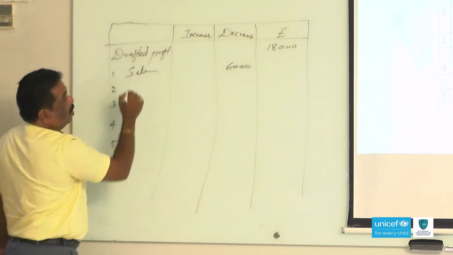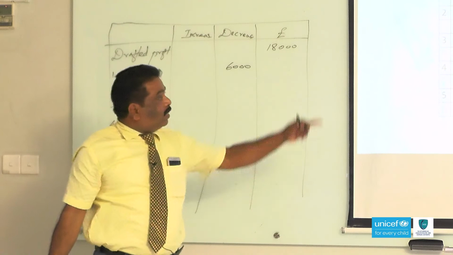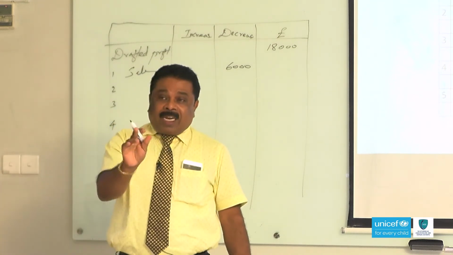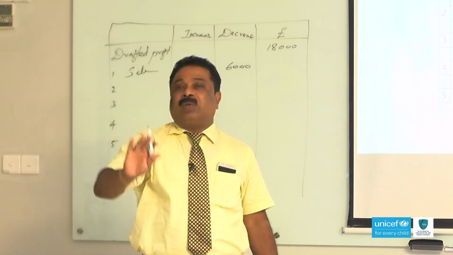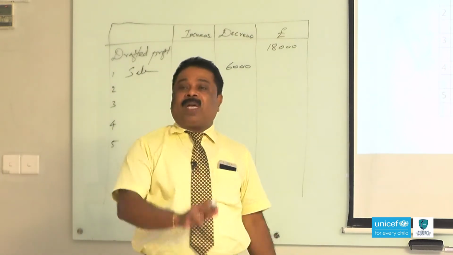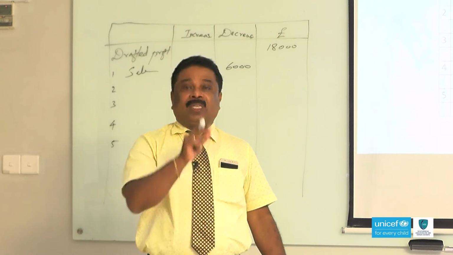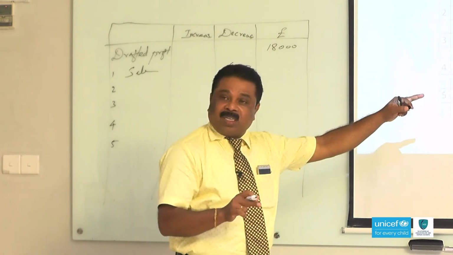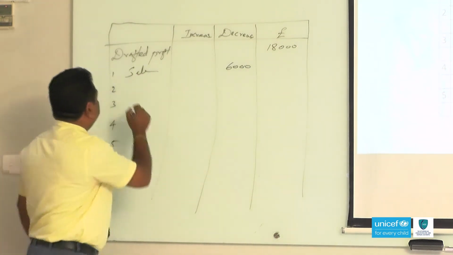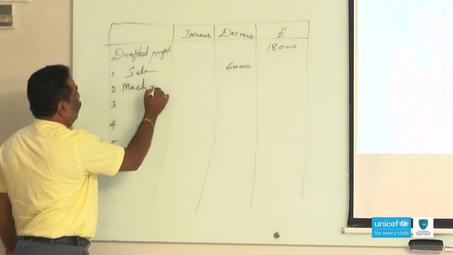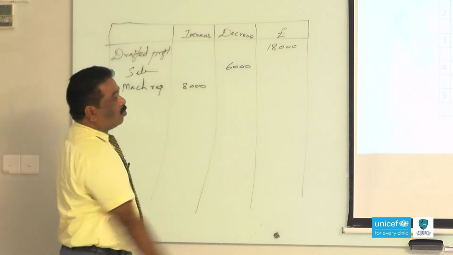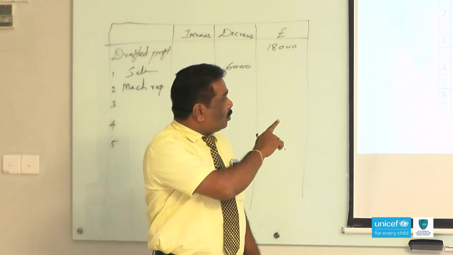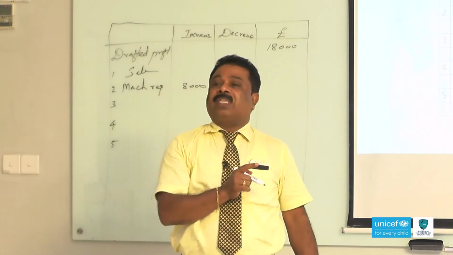Sales. Number 2, out of machinery and machinery repairs. Machinery is a non-current asset which will not be transferred to the income statement. Only the machinery repairs is transferred. Machinery repairs is credited, so it increased the value by 8,000. Next comes income statement debit, provision for depreciation credit.